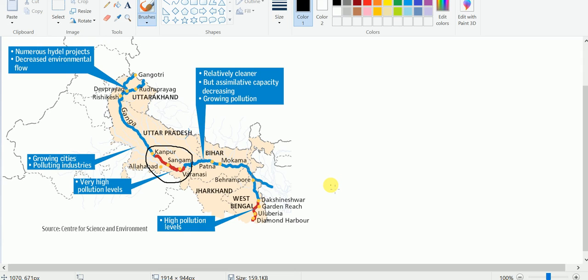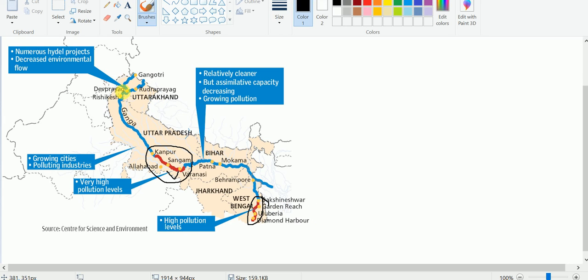In Kanpur we have many industries, leather tanning, leather works also. Because of that, see here, we have very high pollution levels. And here in West Bengal also, very high pollution levels. So all these are mainly caused by the industries.